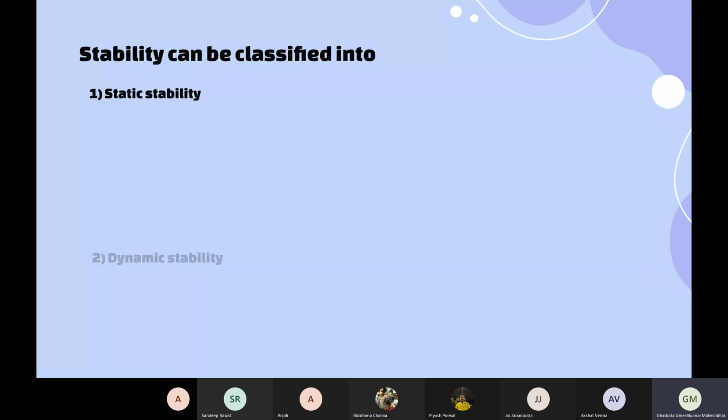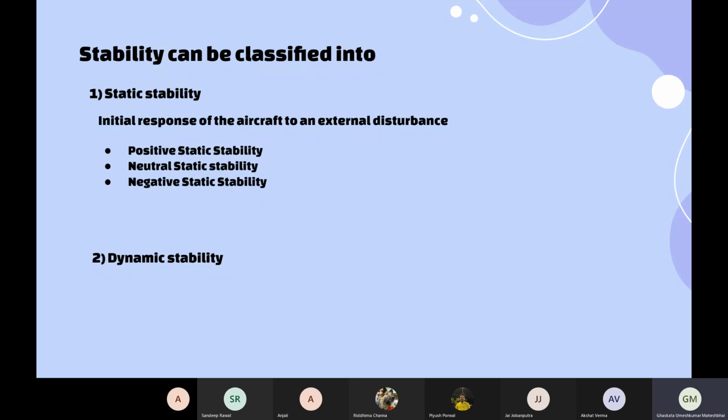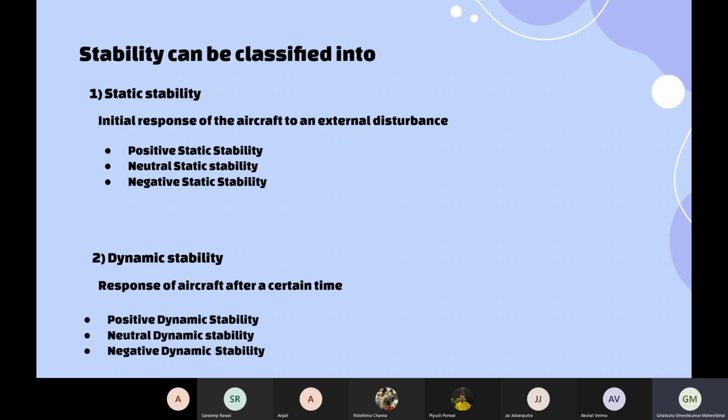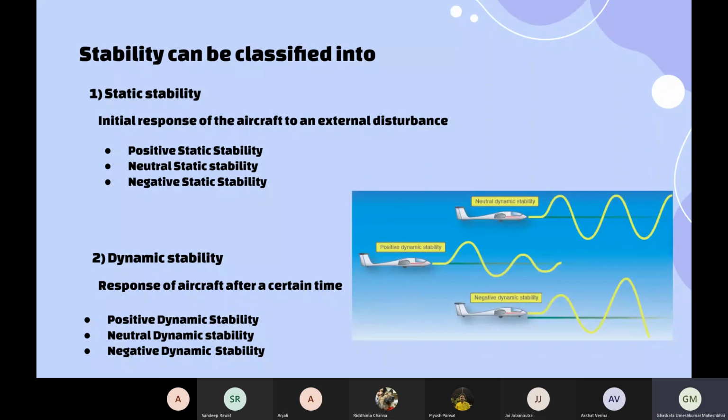The first is static stability and the second is dynamic stability. Static stability is the initial response of the aircraft, and is further classified into positive, negative, and neutral static stability. Dynamic stability is the response of the aircraft after a certain time, and it can also be classified the same way: positive, negative, and neutral.